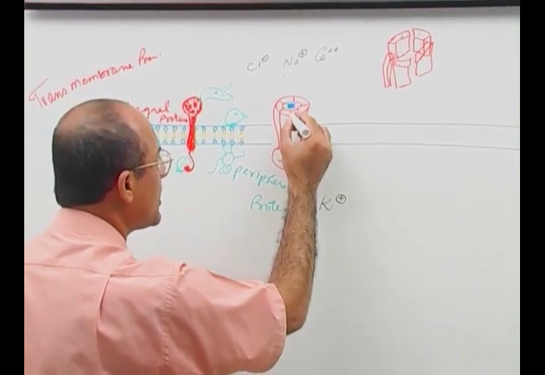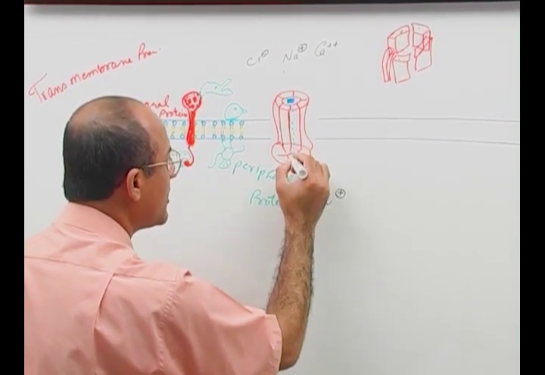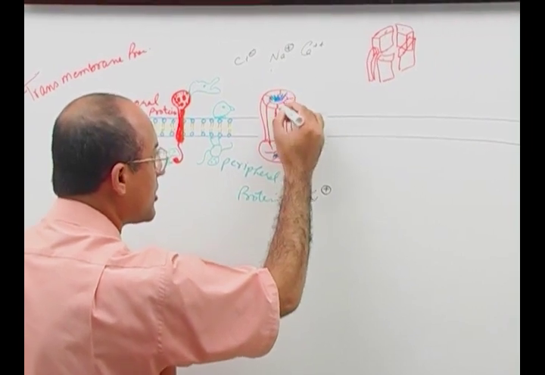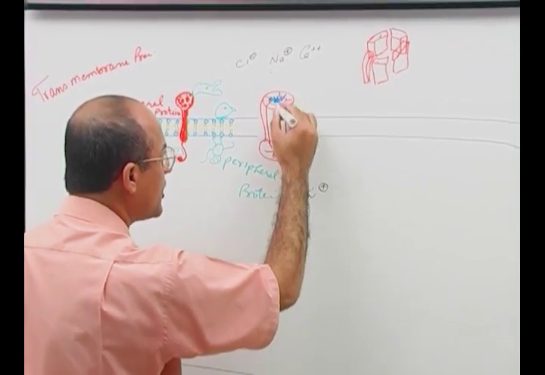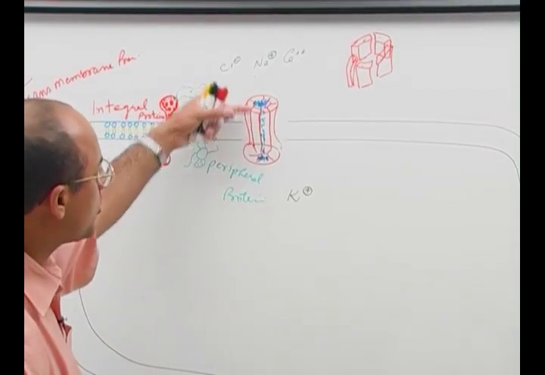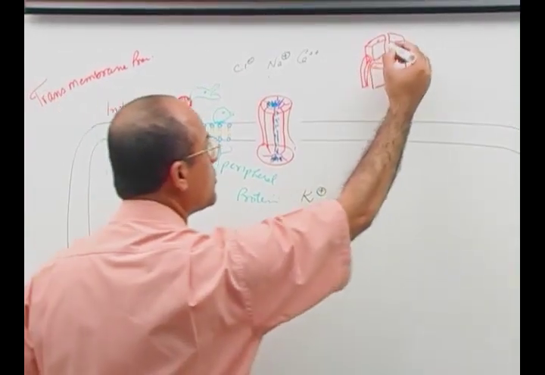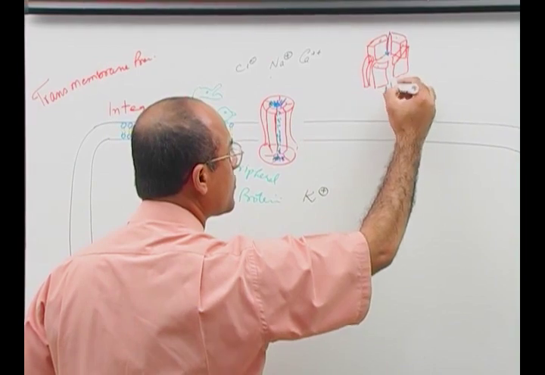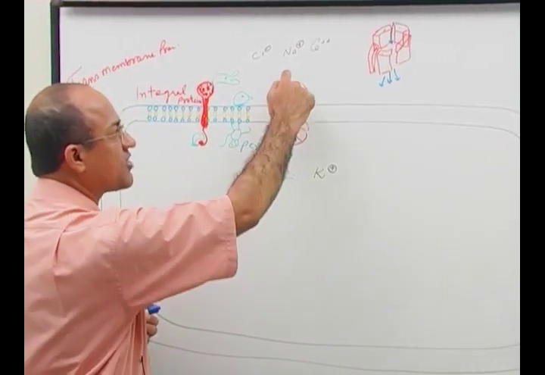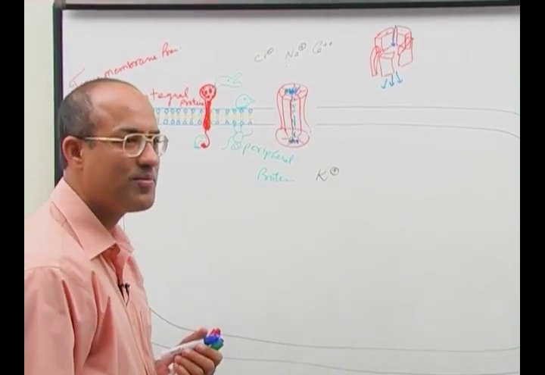Water. This central tunnel is water filled. We call it an aqueous tunnel. The water can move through and through from this. So many water soluble substances can pass through the channels.